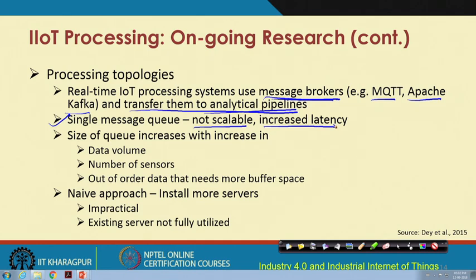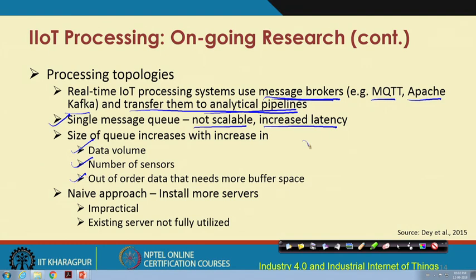Alternatively, if you are using single message queues, the data volume increases with the number of sensors that are connected to them, and it is also possible that out of order data will come because the buffer space is very limited.